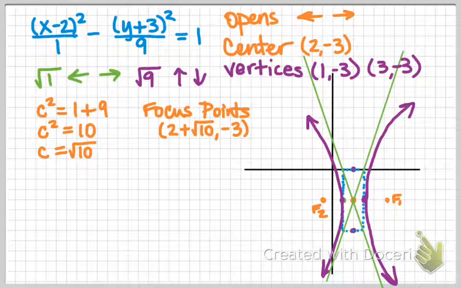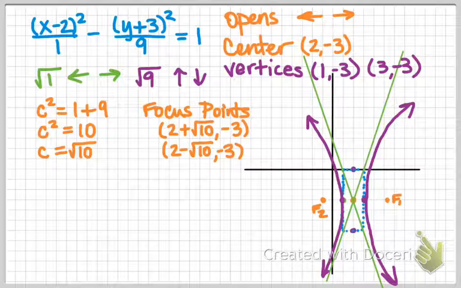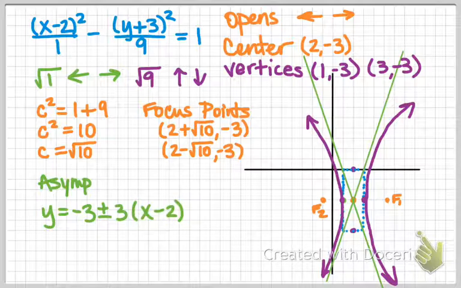So 2 plus square root 10 comma -3 and 2 minus square root 10 comma -3. For my asymptotes, y equals, I start with my k, which is -3, plus or minus, the slope of the line is up 3 over 1, so that's just 3, times x minus 2.